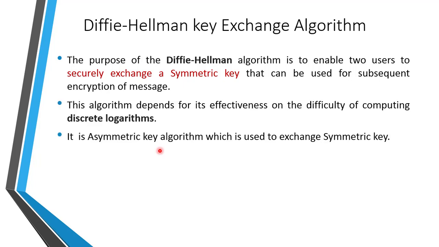This algorithm depends for its effectiveness on the difficulty of computing discrete logarithms. It is not an encryption or decryption algorithm. It is an asymmetric key algorithm which is used to exchange the symmetric key.